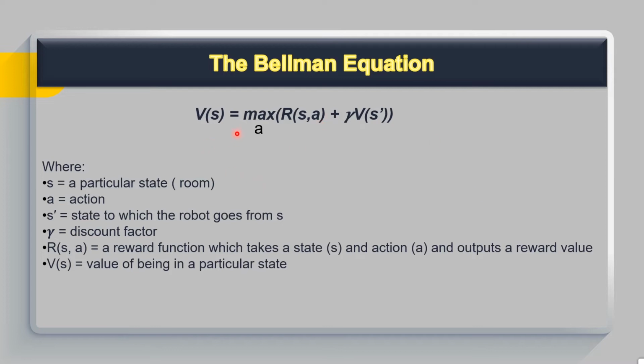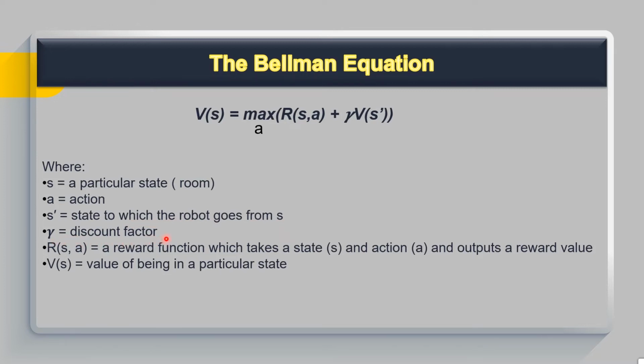V of S equals max over A of R of S comma A plus gamma V of S dash, where S is a particular state which is a room, A is the action of moving between the rooms, S dash is the state to which the robot goes from S, and gamma is the discount factor.